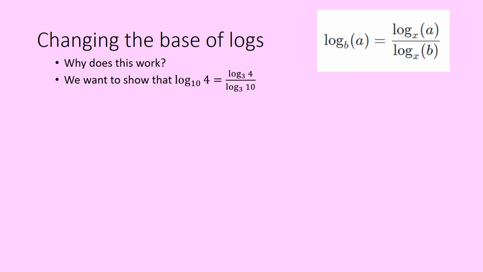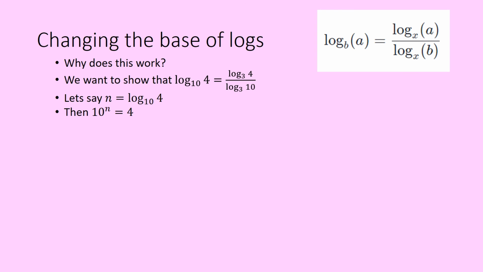My first step will be to say that n is equal to log base 10 of 4. So what does that mean? Well, that means that 10 to the power of n is equal to 4, because remember the logs are the powers.